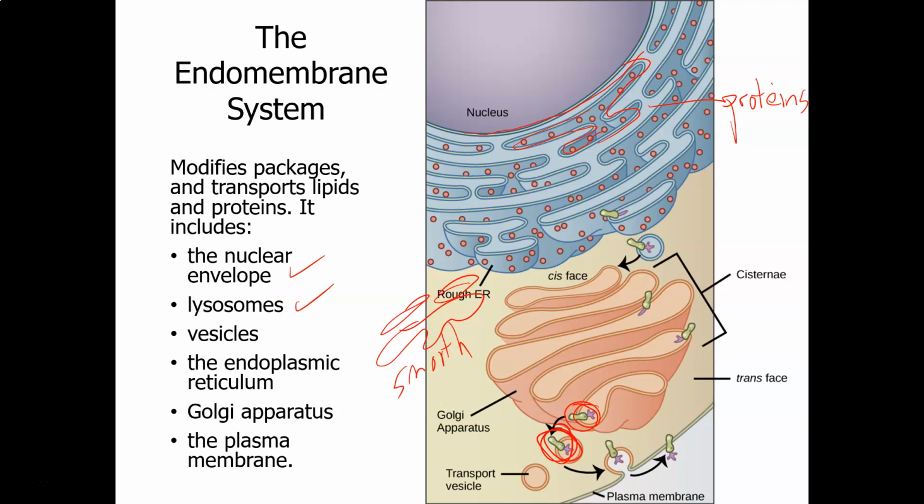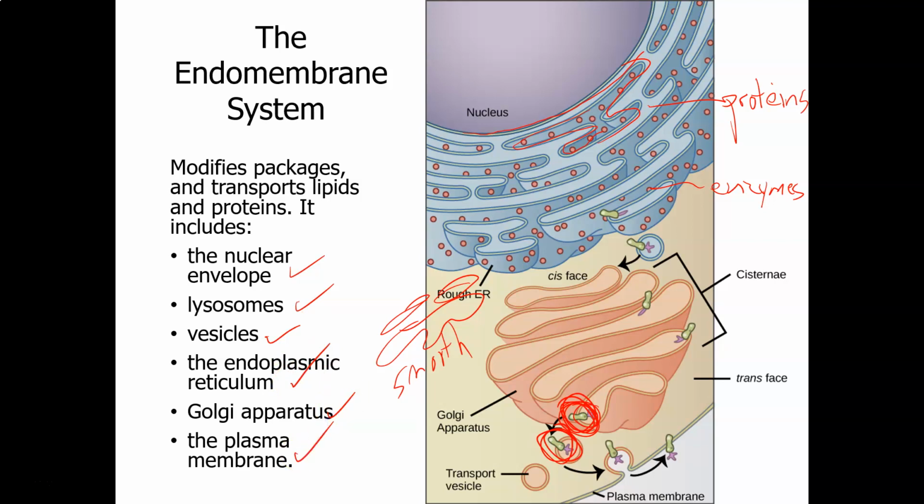The rough endoplasmic reticulum will produce the digestive enzymes, which are proteins. And those enzymes will be packaged into a vesicle, and that vesicle is now called a lysosome. The system also includes transport vesicles, the endoplasmic reticulum, the Golgi apparatus, and the plasma membrane.